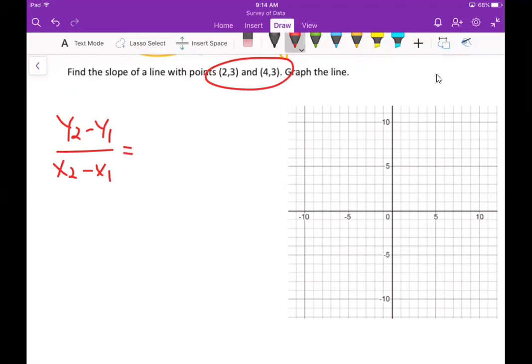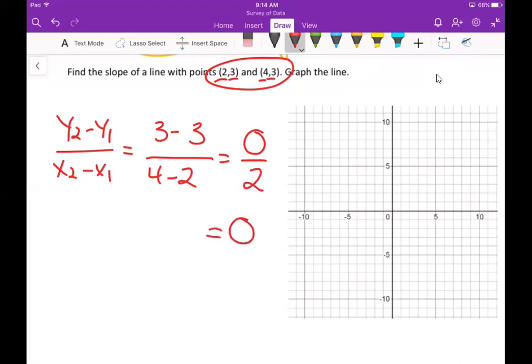Something interesting is going to happen in this one and the next one. Here, when you take your y's, we'll have 3 minus 3. Both of our y values are the same. x2 is 4, x1 is 2. So we get 0 over 2. Now you can always use your calculator to help you out to remember this, but 0 divided by anything is 0. So let's plot these 2 points at 2, 3, and 4, 3.